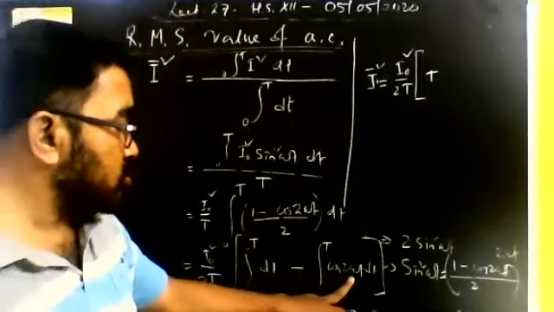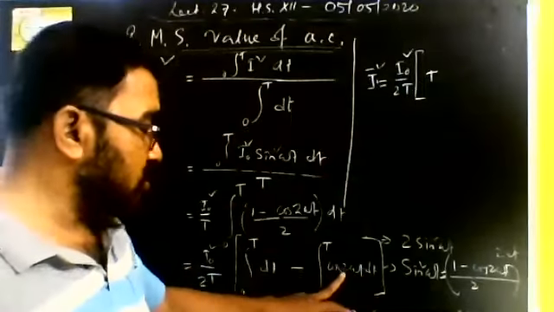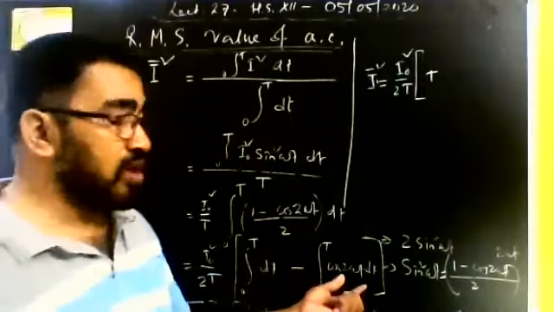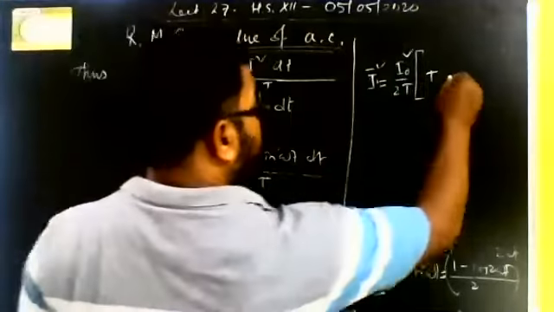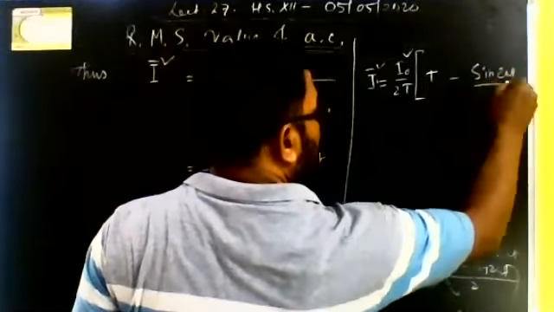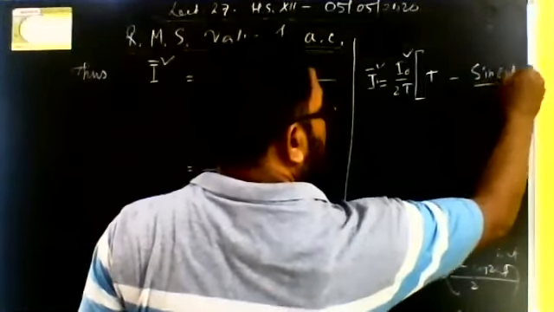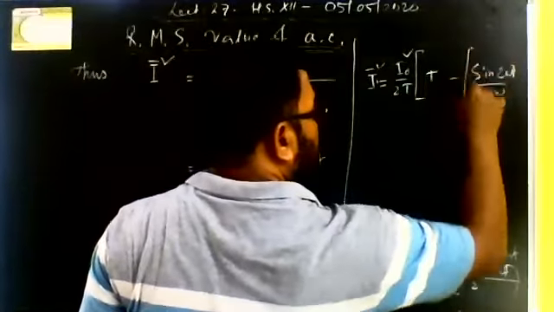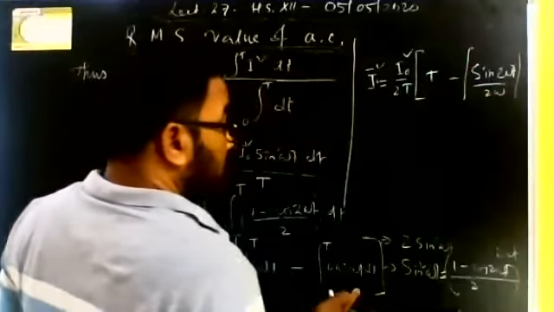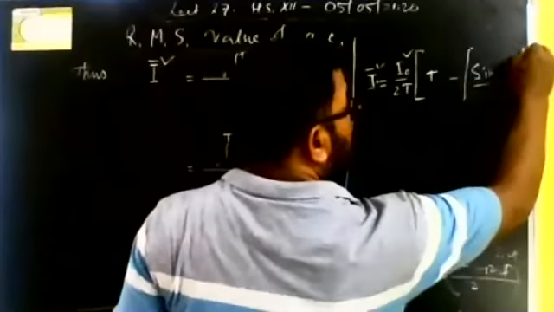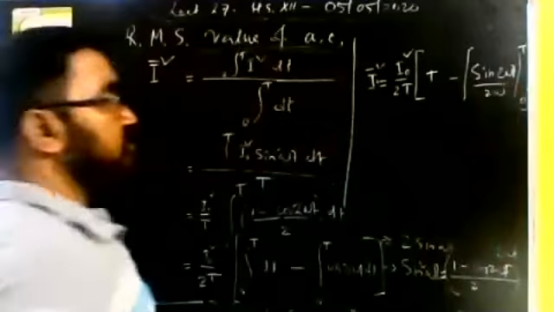If you integrate cos twice omega t, it will be sine twice omega t by twice omega. Okay, again you have to put the lower limit and upper limit as 0 to T.